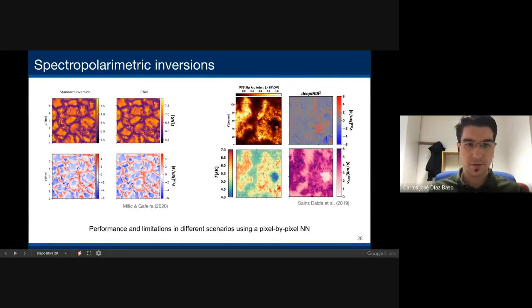Here I show you also some more recent examples by Ivan Milic and Alberto Sainz-Dalda. They have also been in this colloquium some time ago, so you probably remember one of these plots.